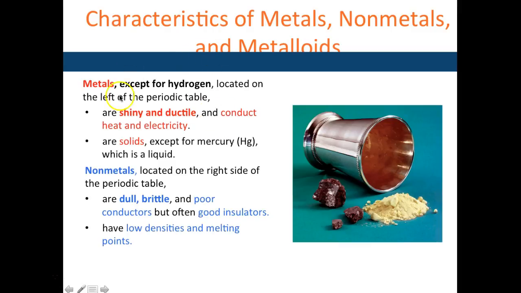I'm sorry, ductility is drawing them into wires. So they're malleable and ductile. Ductile is drawing them into wires, like copper wires for conducting electricity. So they conduct heat and electricity. Most are solids, the exception being mercury, which is a liquid.